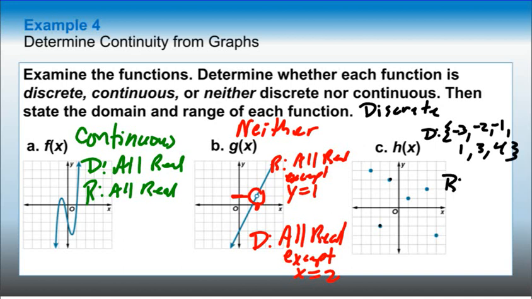That would be our domain, and then our range goes from -3, we have -2, we have 1, 2, 3, and 4. And that would be our specific domain and range for those points. So if it's discrete, you're going to have specific numbers for the domain and range.